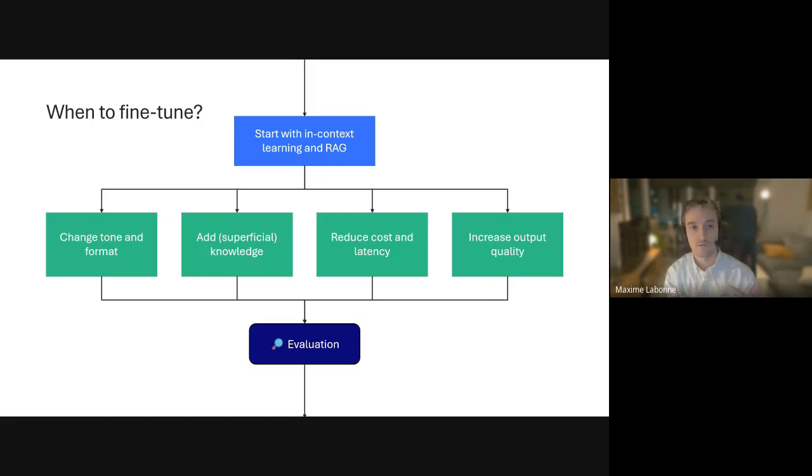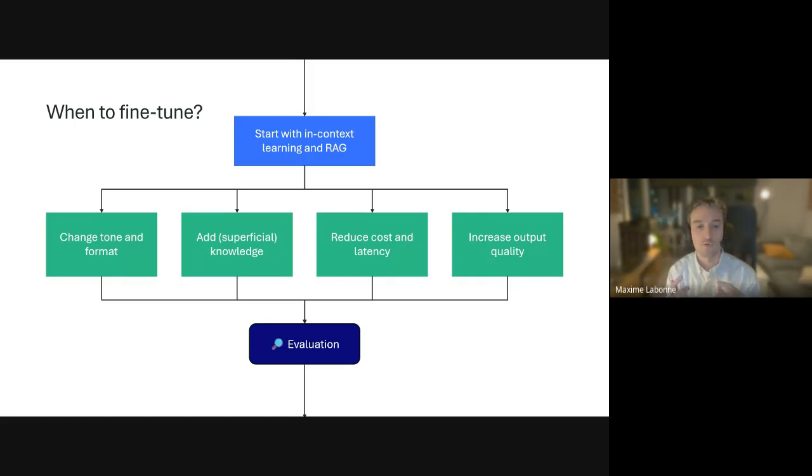You just do not have enough data to do this. But if you want to make the model more knowledgeable about a particular subject, it can be like yourself, for example, it's possible to do with fine-tuning. And finally, you might want to use it because ChatGPT or Claude or Gemini are just too costly, or there's too much latency, and that can help you.